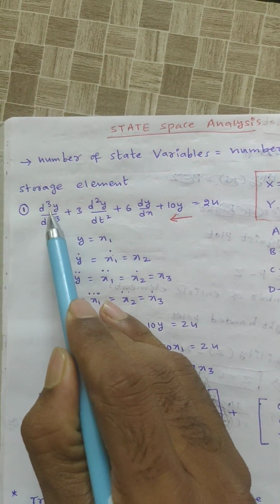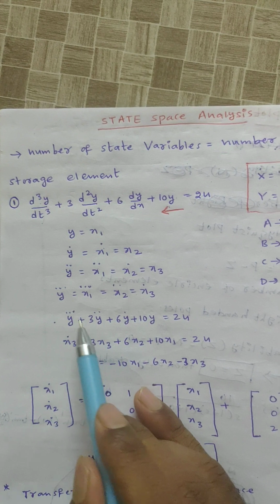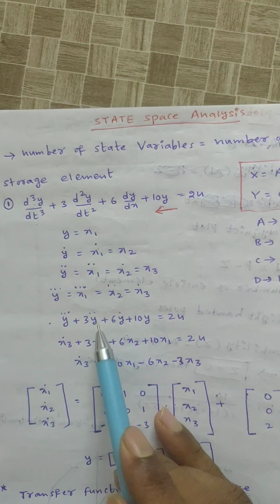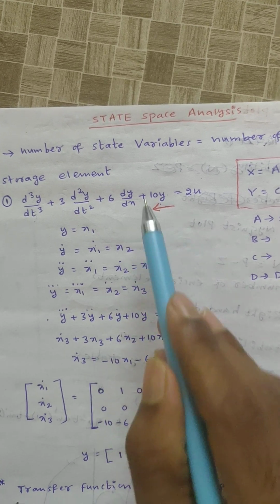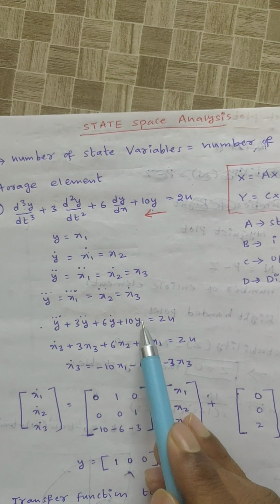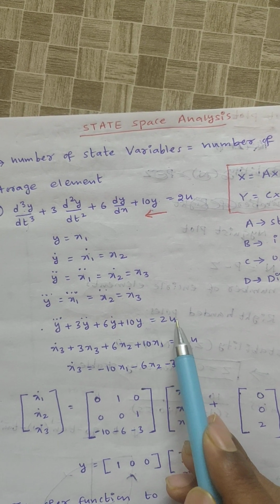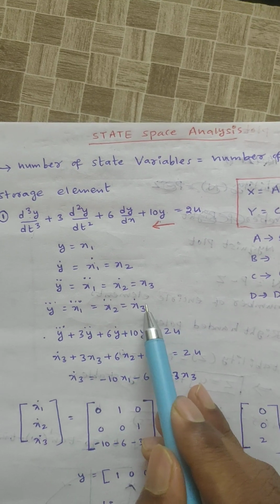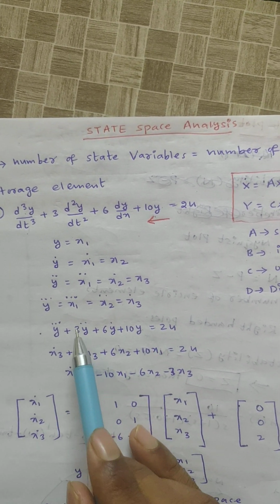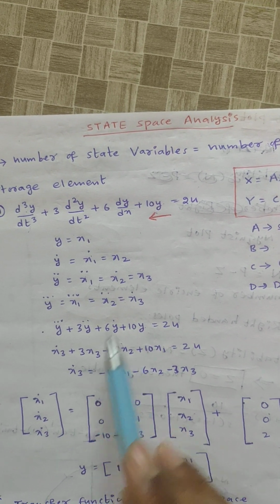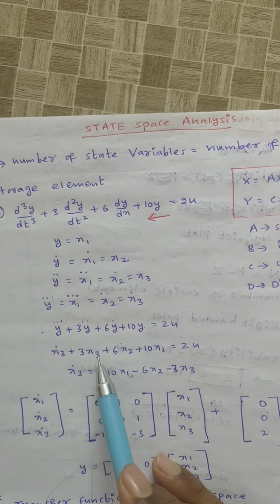Now see here, this is a third order differential equation, right? That means y triple dot plus 3 into y double dot plus 6 into y dot plus 10 into y equals 2 into u. Now y triple dot equals x3 dot. 3 into y double dot, I can replace with 3 x3.